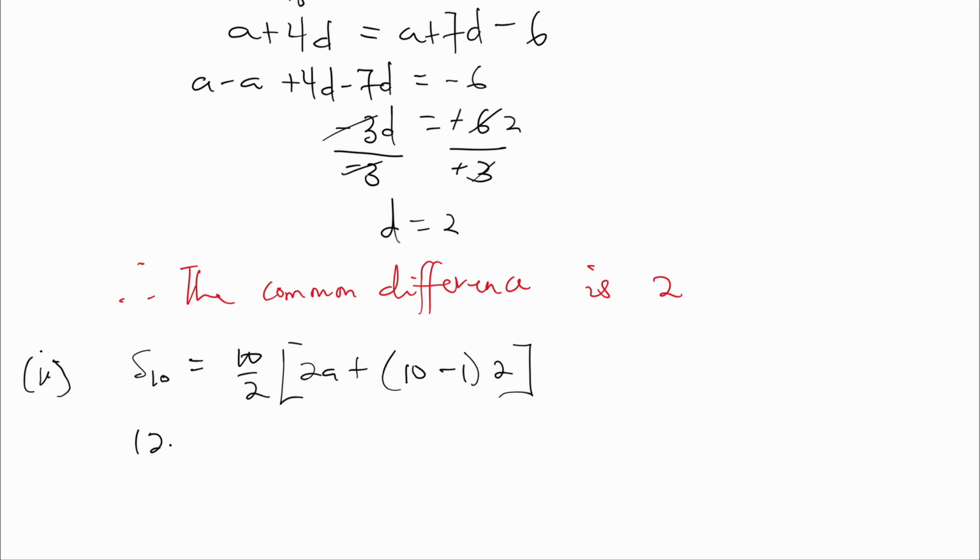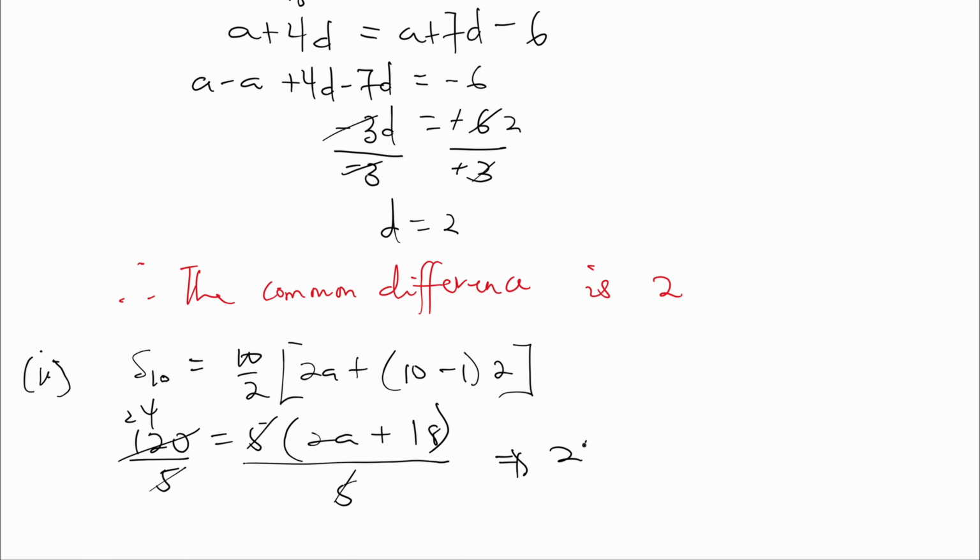So we have 120 is equal to 5(2a plus 10 minus 1 is 9, 9 times 2 is 18). So we can divide both sides by 5. 5 cancels 5. 5 goes into 120 24 times. So we have 24 is equal to 2a plus 18.